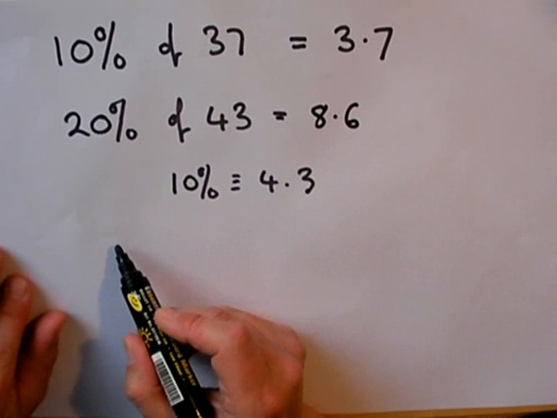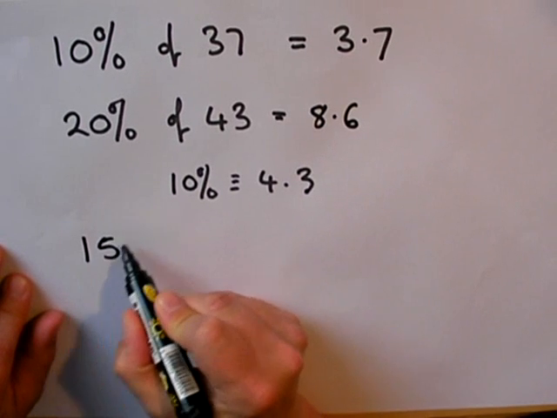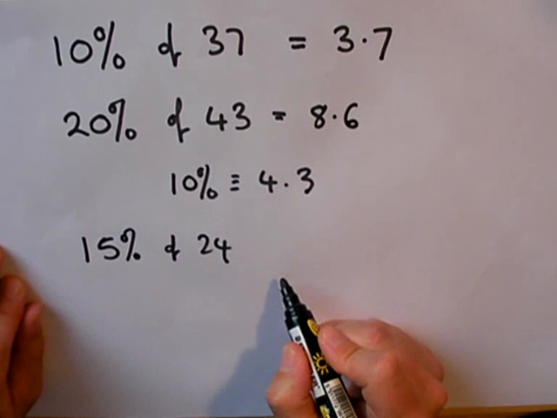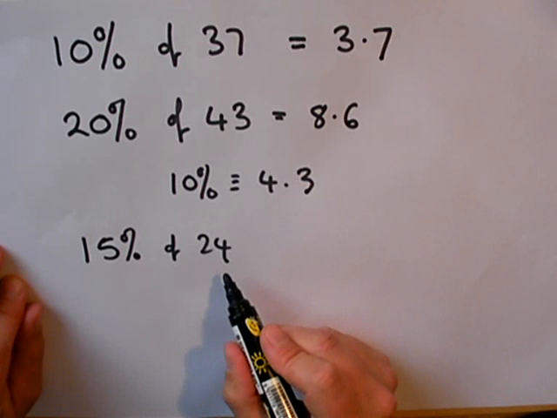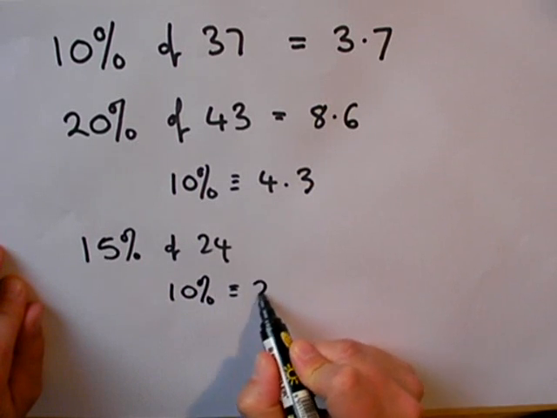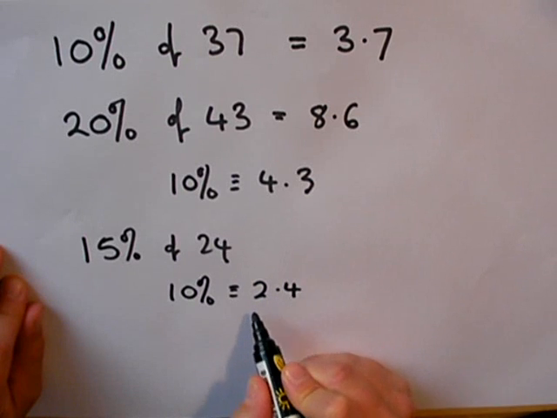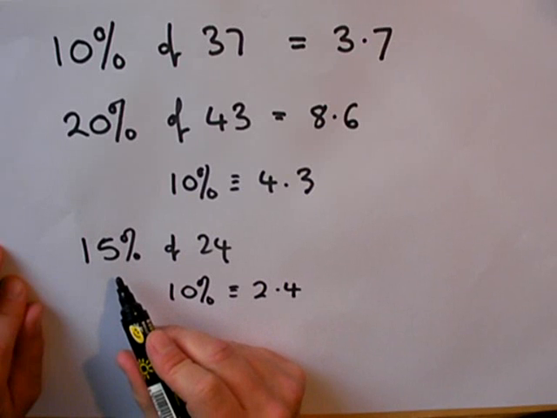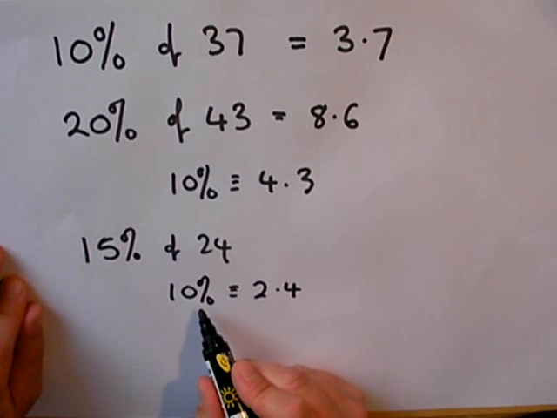Here's another example. What about 15% of 24? Now remember, I can work out 10% of 24. 10% of 24 is the same as 2.4. I've divided by 10. How can I make 15% from 10%?